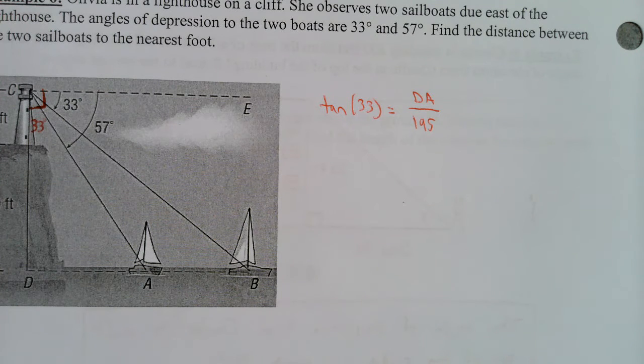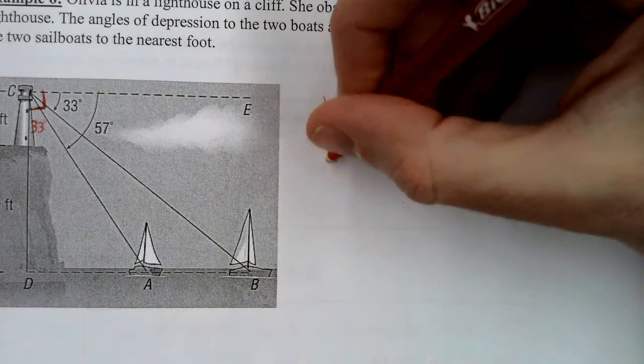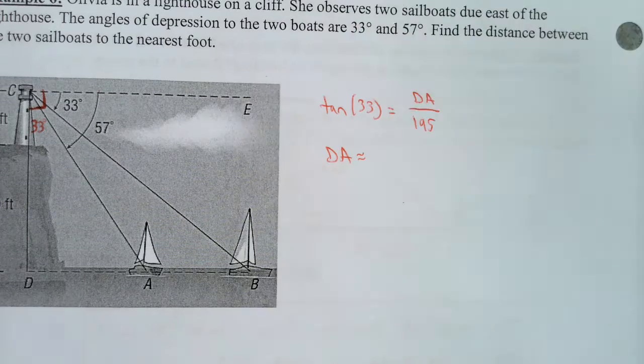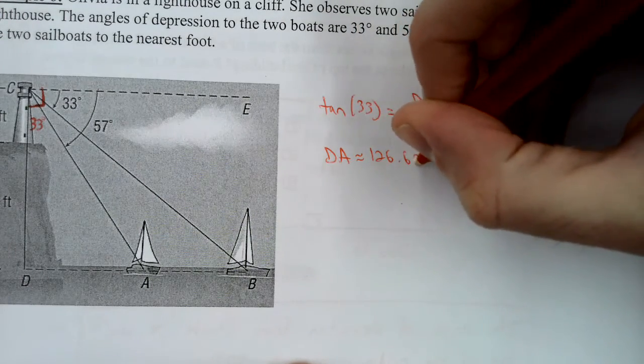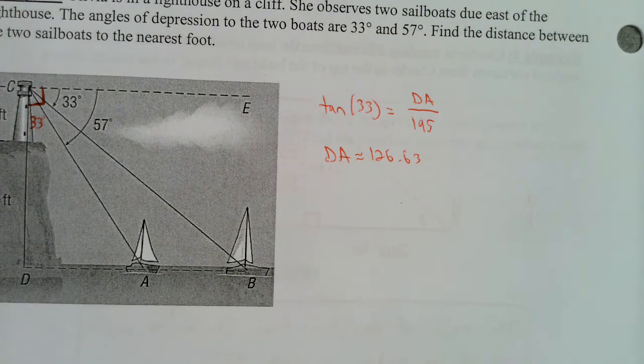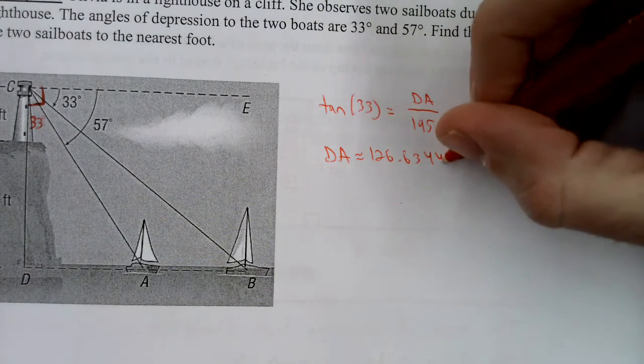This is not the only way to do the problem, but this is how I'm going to do it. There's more than one way to do it, okay? So that means I have 195 times tangent 33. So that means I have DA is approximately 126.6344807. I'll round at the end.